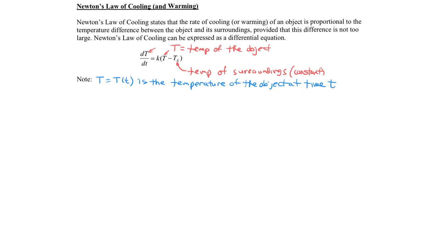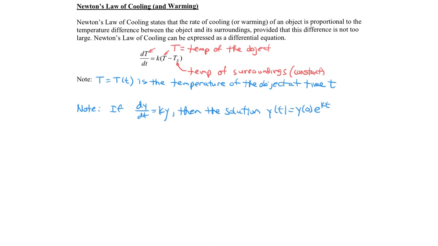Now this differential equation may look familiar. It's very close to something else we've seen. Just another little note: if dy/dt equals k times y, we've already seen this one, then the solution is y of t equals y of 0 e to the kt.